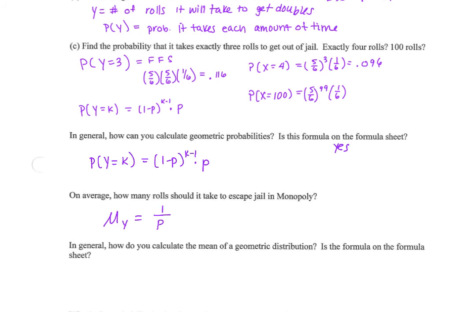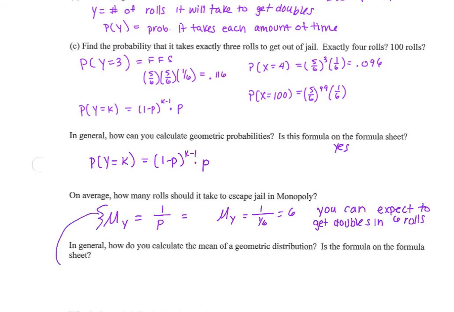So for the monopoly example, you would do the mean of y is 1 over 1/6, which is 6. So you can expect it will take 6 rolls to get doubles. And so here's the general formula for the mean of a geometric distribution.